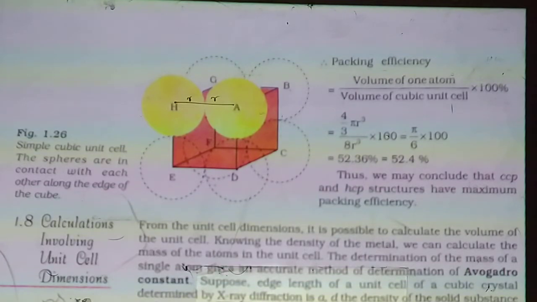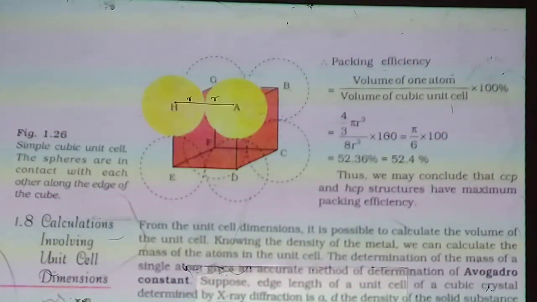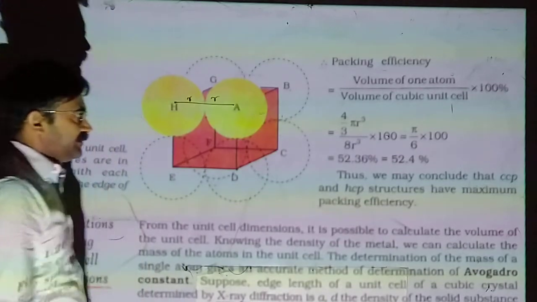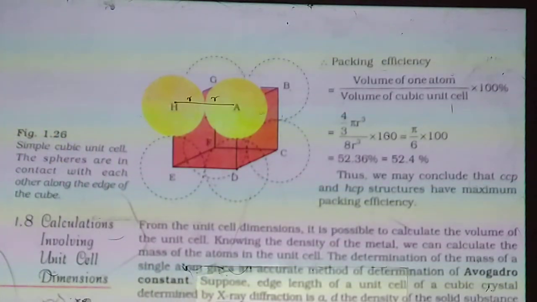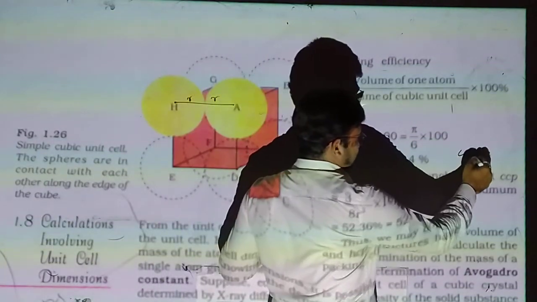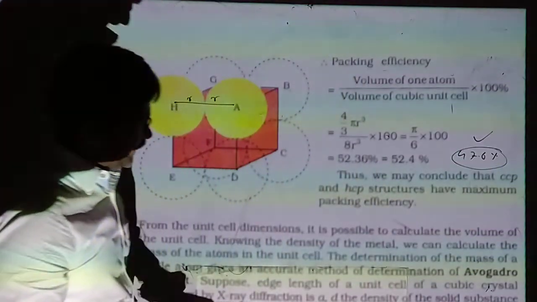Packing efficiency is volume of one atom into 100 upon volume of cubic unit cell: 4 by 3 pi r cube over 8r cube into 100. So pi by 6, 52.36, and 52.4%. Thus the remaining portion, how much? 47.6% remains vacant.